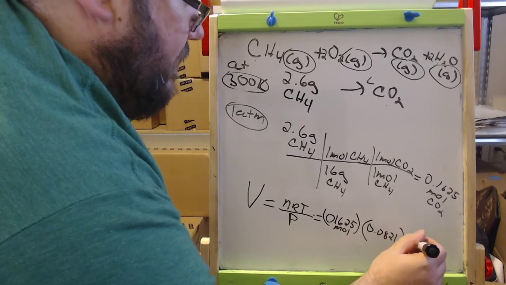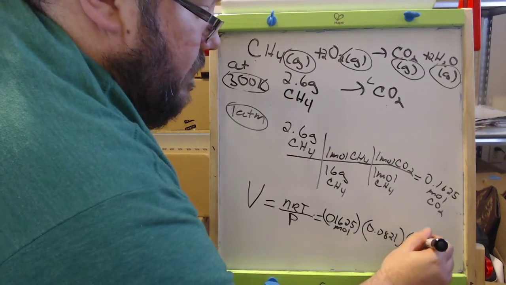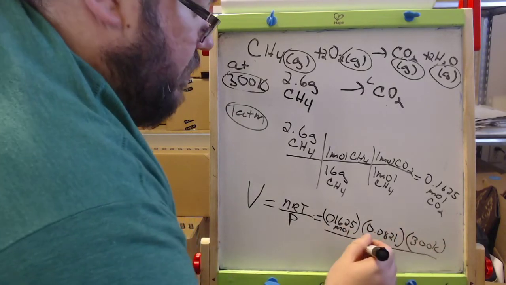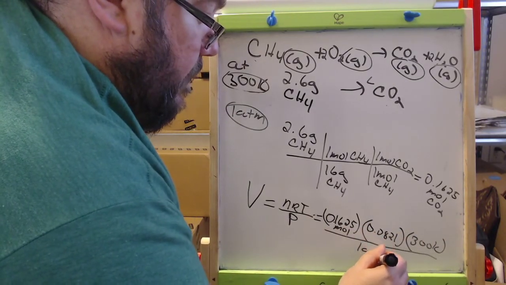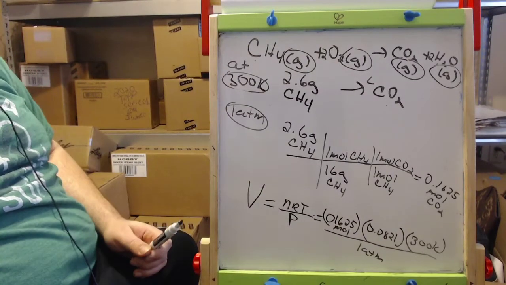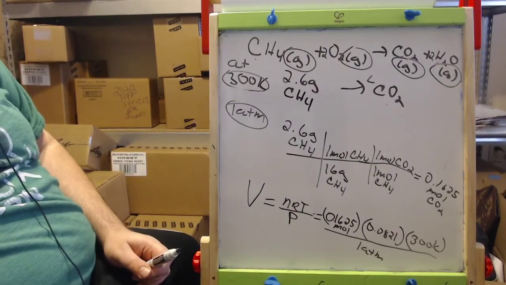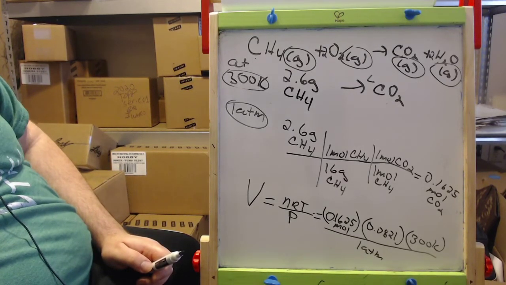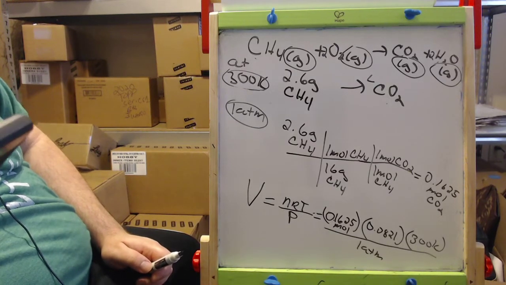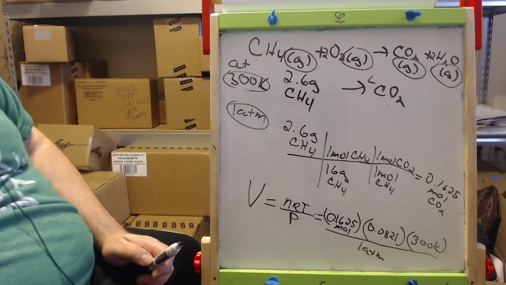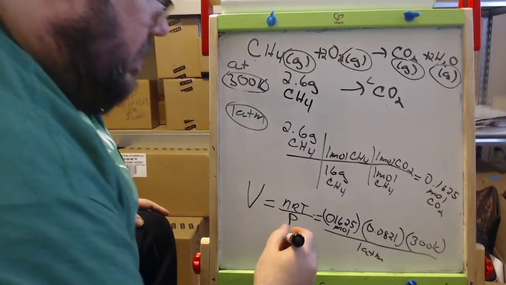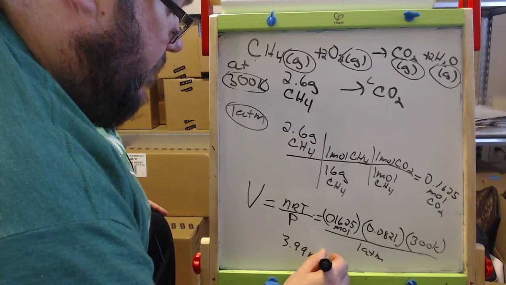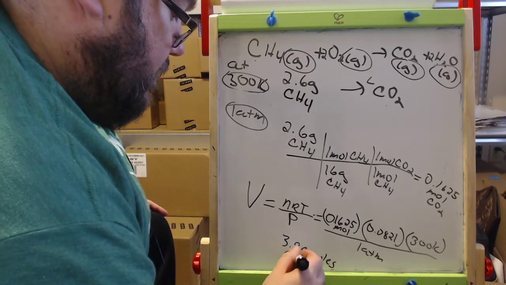I know what T is; they told us 300 Kelvin. And I know the pressure; they told me 1 atmosphere. So we take the 0.1625, multiply it by 0.0821, multiply it by 300, and we get 3.99 liters of CO2 we would have created using this problem.